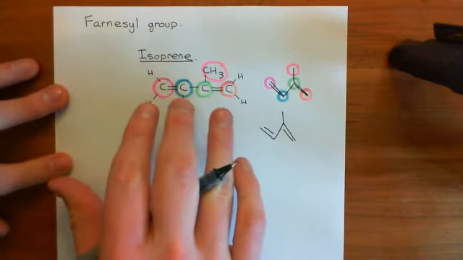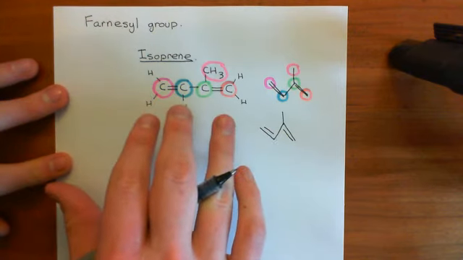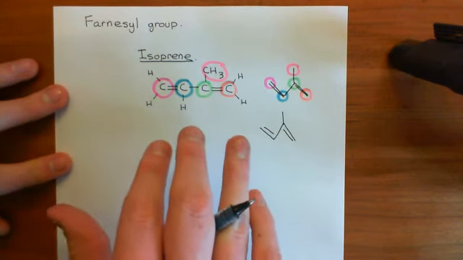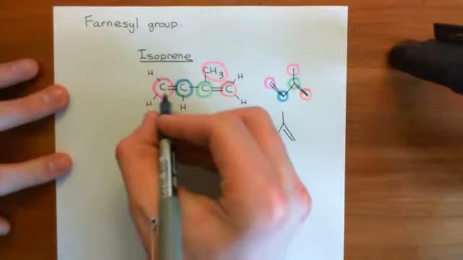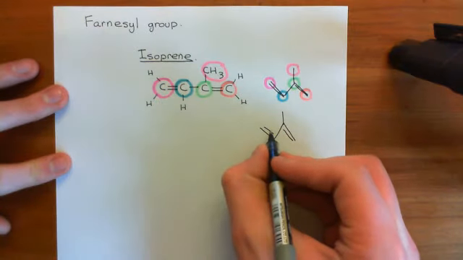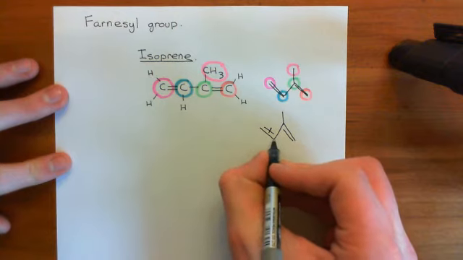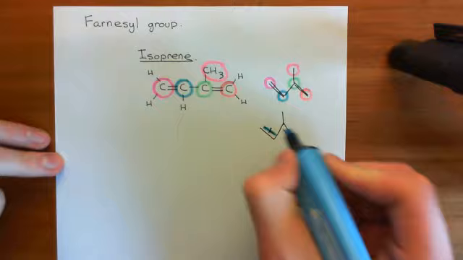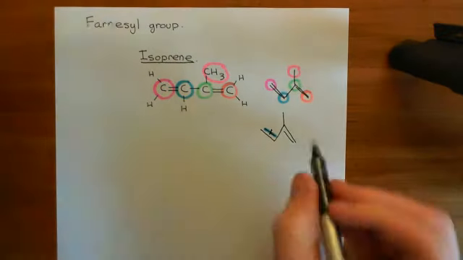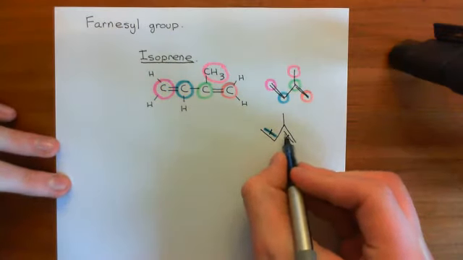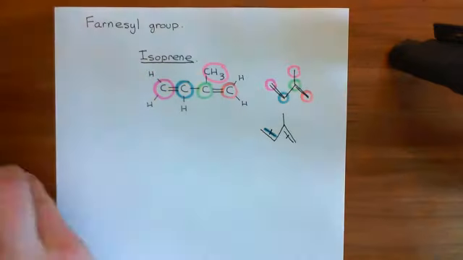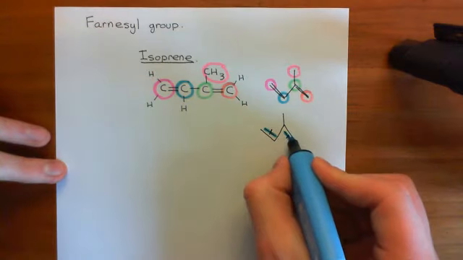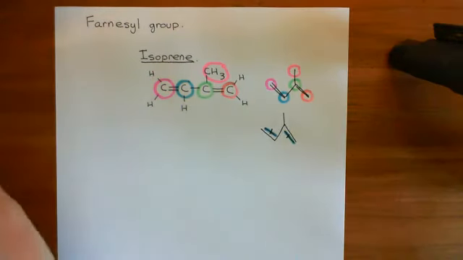Now, what you can do is polymerize isoprene molecules together. Let me explain how this is going to work. Basically, you're going to break the second of the two bonds between this first and this second carbon here. So you're going to break this bond here in blue. You're also going to break the second of the two bonds between the third and the fourth carbon over here. So we're going to break this bond in blue over here as well.